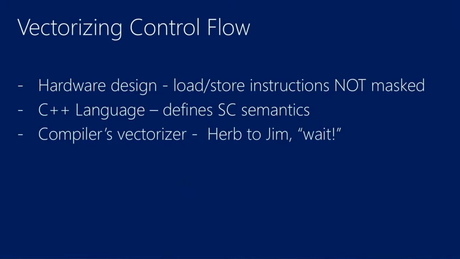If we look at vectorizing control flow in retrospect, this is literally what happened. The hardware was designed, and the load and store instructions are not masked. So when you do the store, there's no way not to actually wiggle the bits on the bus and introduce stores where there weren't any in the original sequential code.